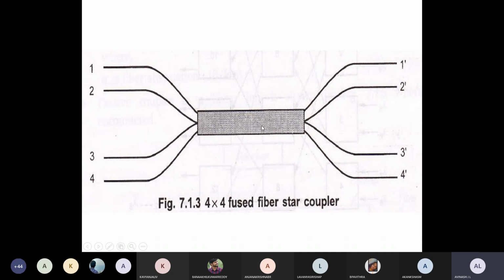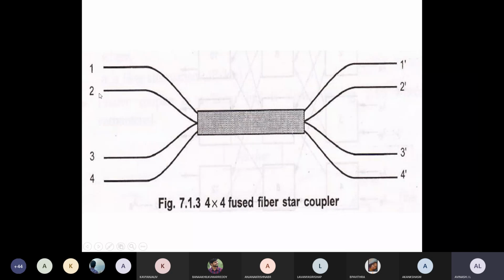It will split equally to all 4 ports, that is 1 dash, 2 dash, 3 dash and 4 dash ports. It will get divided equally. Is that clear to you?